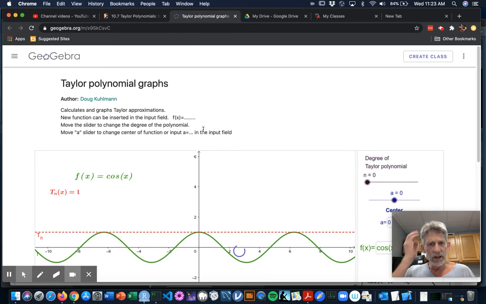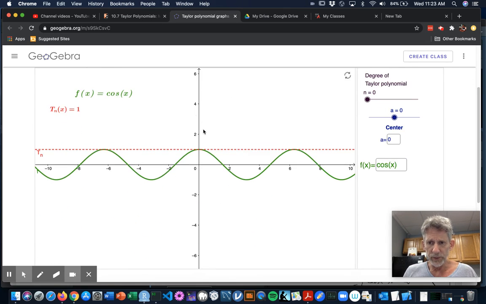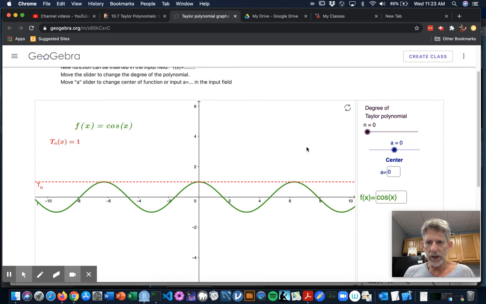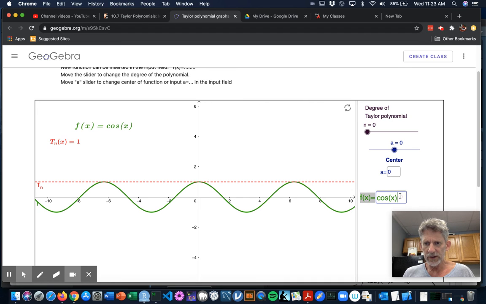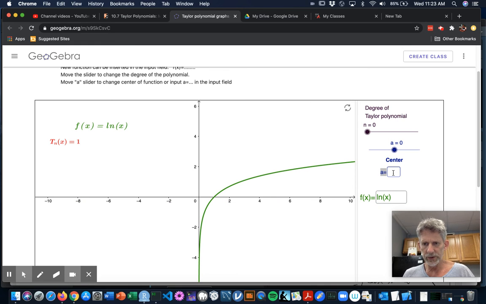There we go. So it takes a moment to load, I guess. And what I want to do is change my function. I would like it to be natural log of x. And I would like to change my center to be at a equals 1.